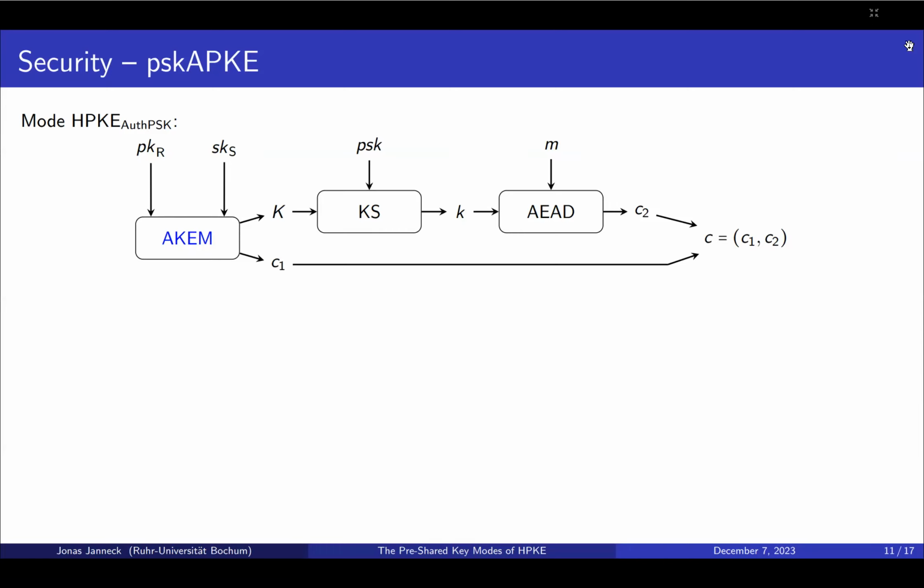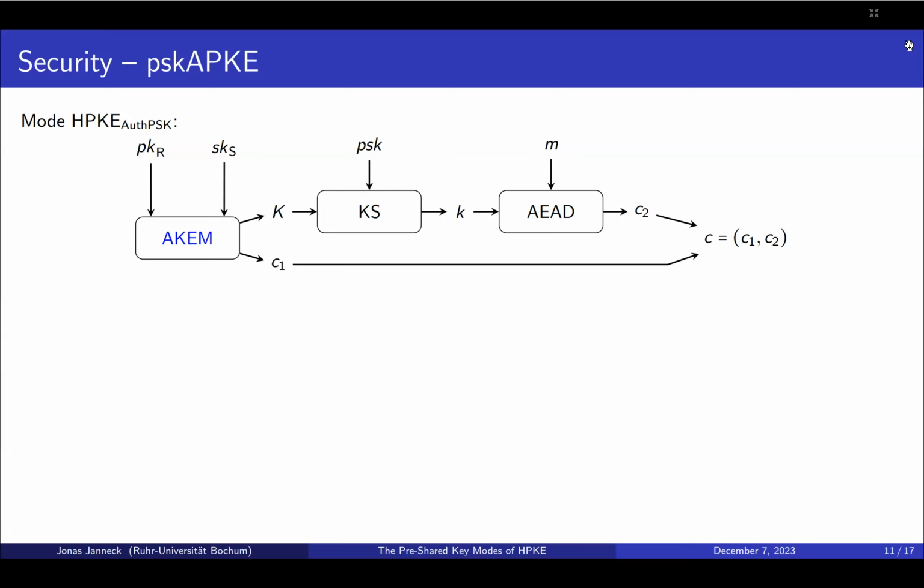For the auth PSK mode, we have the standard authentication, and this is done in the RFC with ACAN as the first component. So about this ACAN, this stands for authenticated CAN, and you can think about it like CAN plus a signature, for example, as a generic construction.